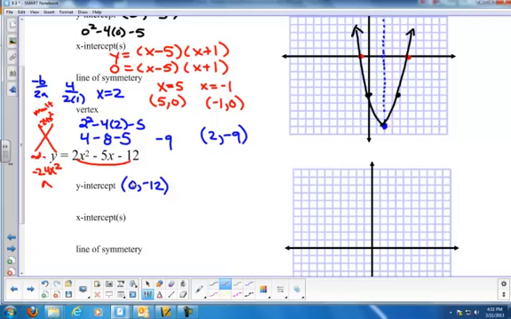And add to give you negative 5x is negative 8 and positive 3.